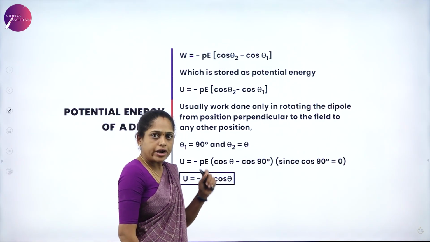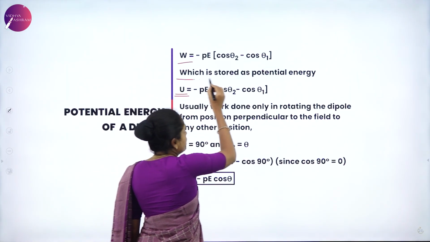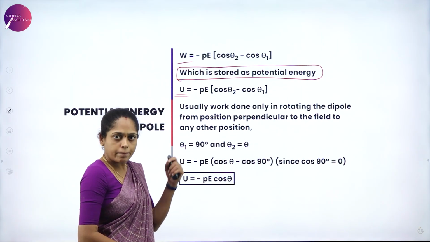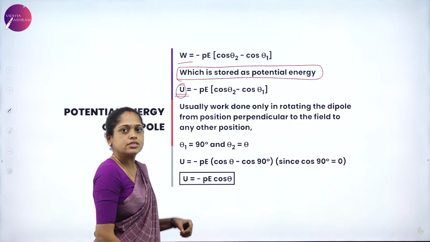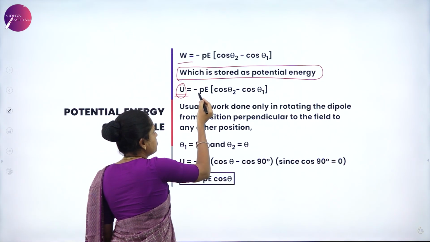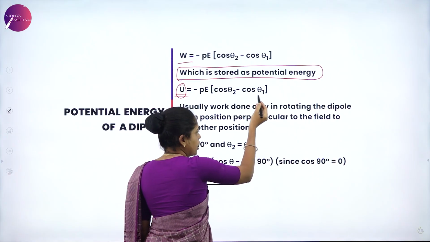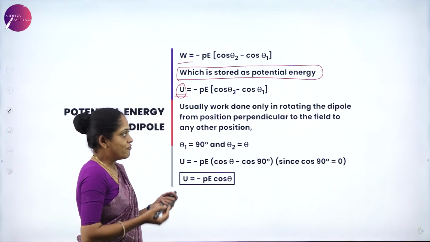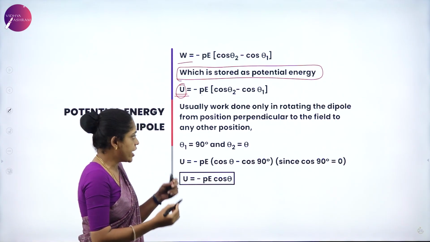Next. Now, this work done is equal to the potential energy. So work done is stored as potential energy. Therefore, in the place of W, we write U. U represents the potential energy, which is equal to minus PE cos theta 2 minus cos theta 1. Now let us give the values for theta 1 and theta 2. From which angle are we rotating this dipole to what angle?